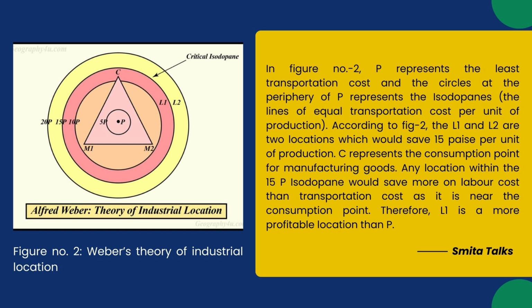C represents the consumption point for the manufactured good. Any location within the 15 paise isodapane would save more on labor cost than transportation cost as it is near the consumption point. Therefore, L1 is a more profitable location than P.